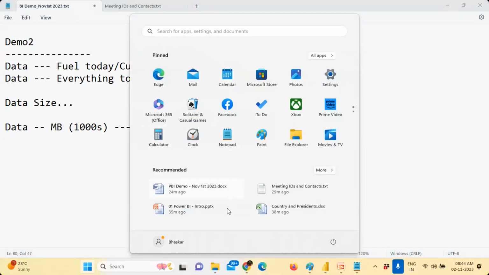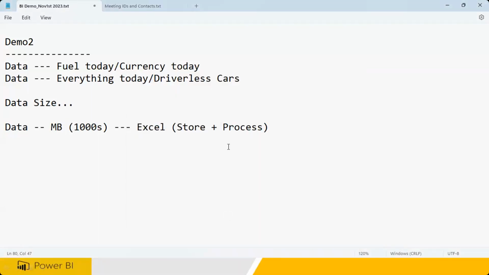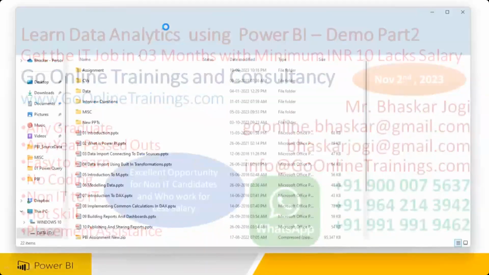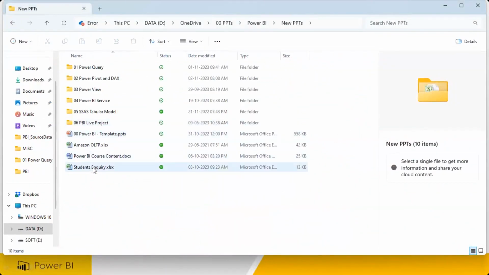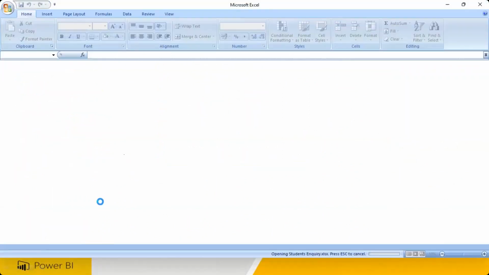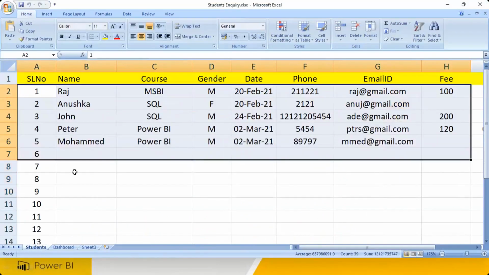For example, you inquire about some course. So what normally we do, my team is going to be preparing one inquiry sheet like that. Now they will be maintaining some data in Excel sheets. That is what my company is going to be doing. So this is the student's data.